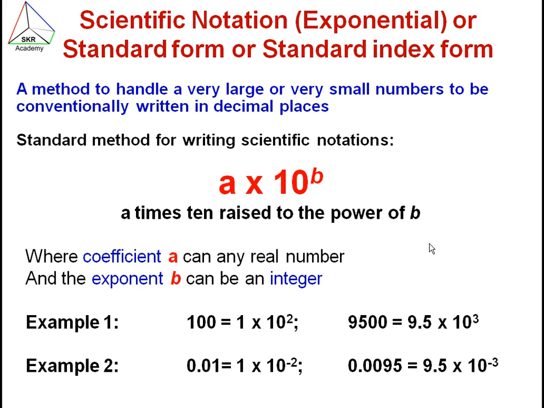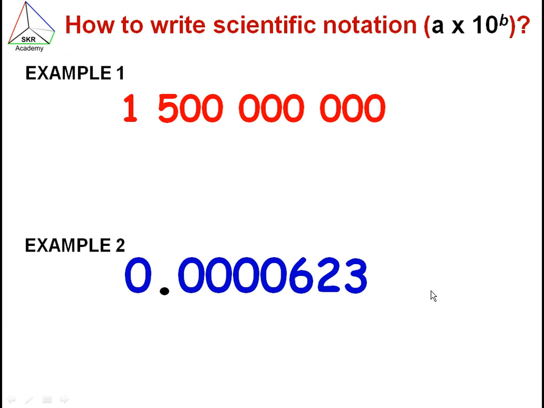So let's see how we can convert these values into scientific notation. Here we are taking two examples. In example number 1, we are going to convert 1,500,000,000 into scientific notation, a times 10 raised to the power of b.